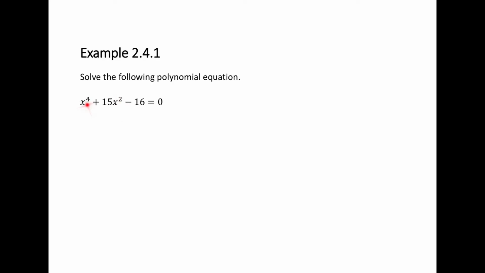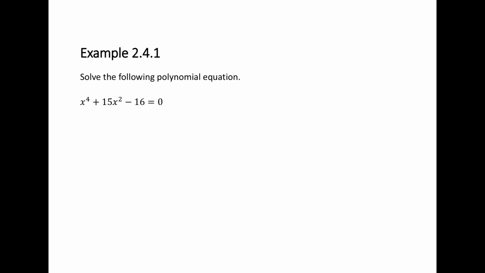The bigger exponent is twice the smaller exponent. That makes it quadratic-like. Also note that the highest power on x is 4, so that means this is a fourth degree polynomial. That will provide us with 4 solutions when we are finished.